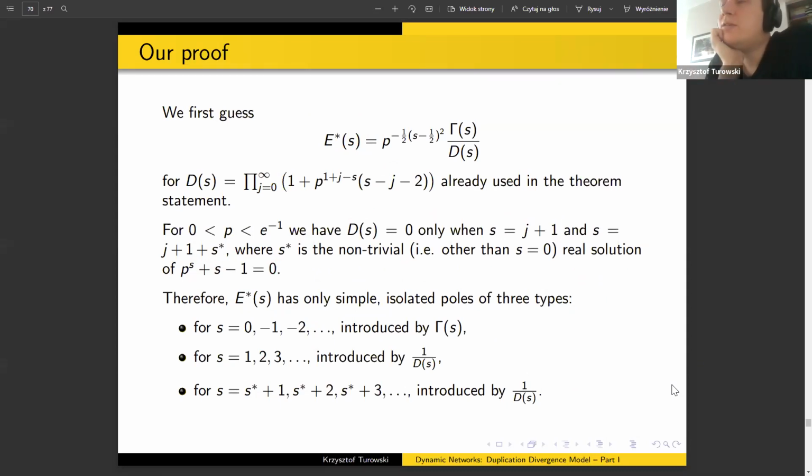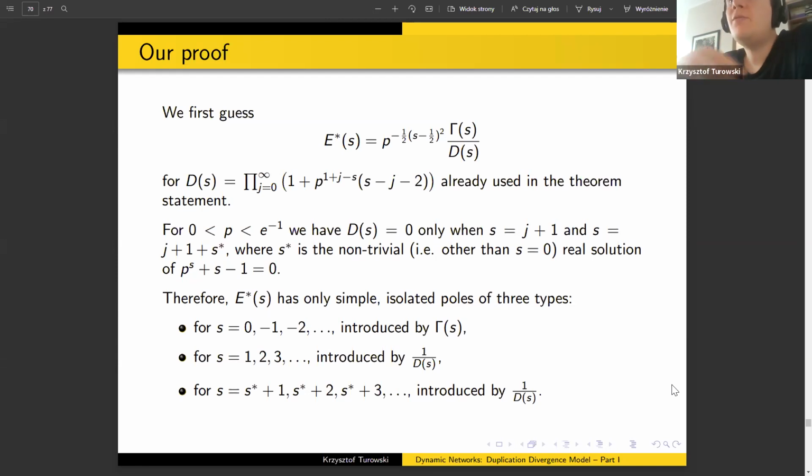So if we look at this function, then we note that it has only 3 types of isolated poles. So only at certain points it is undefined, and where is it? It is undefined for all negative integers, because the gamma function for non-positive integers is undefined.